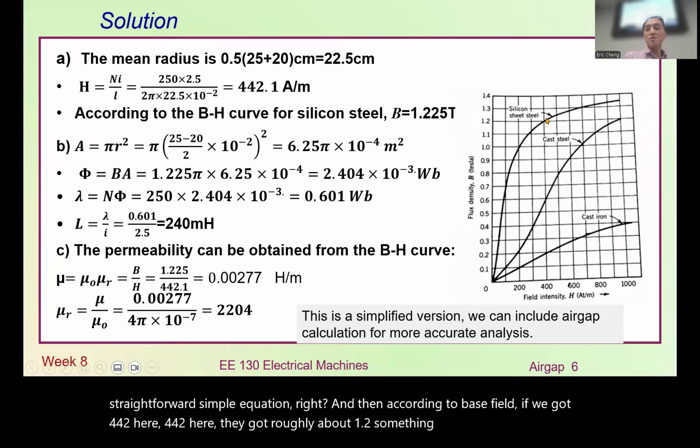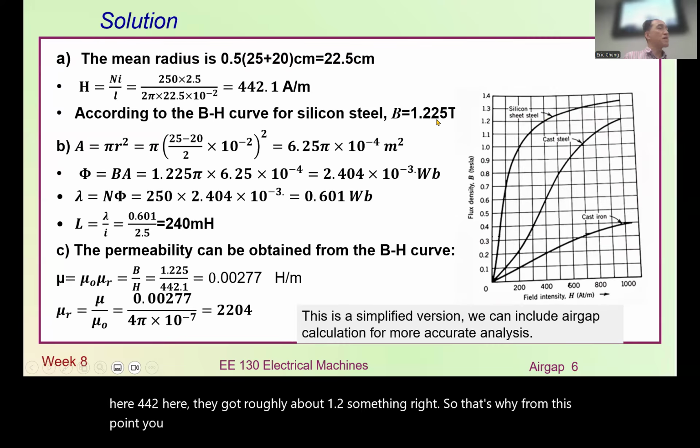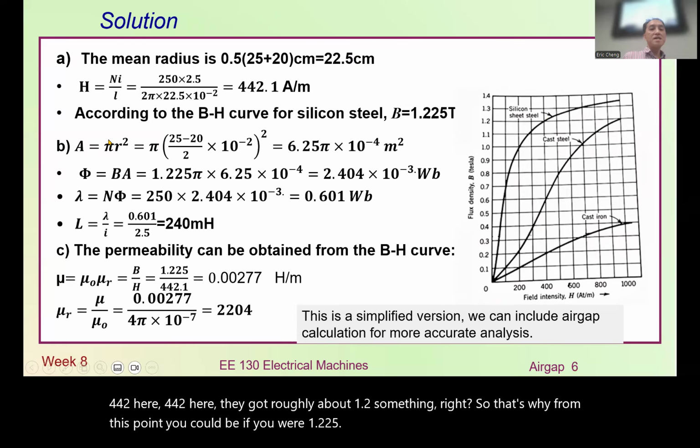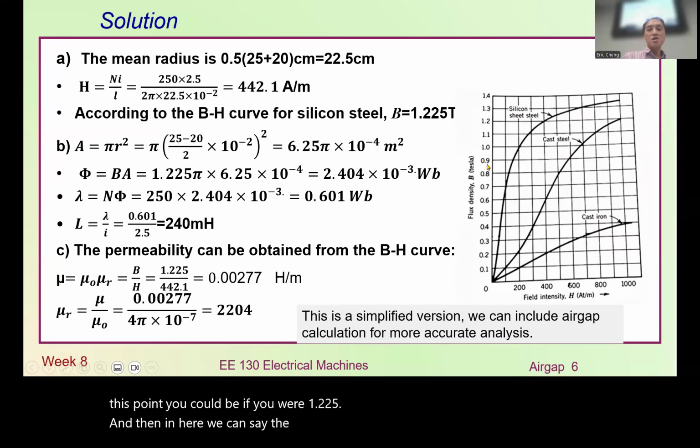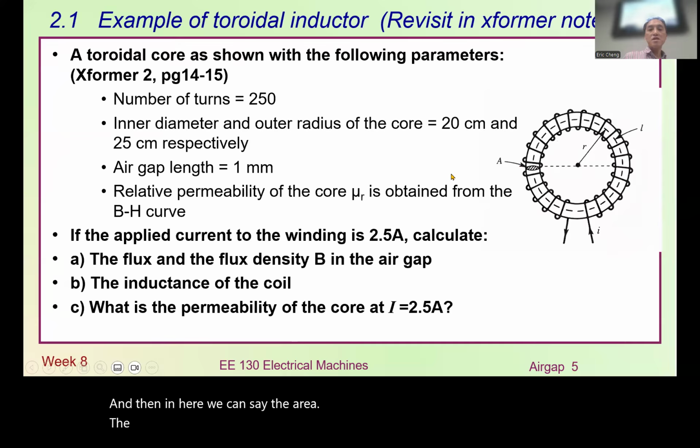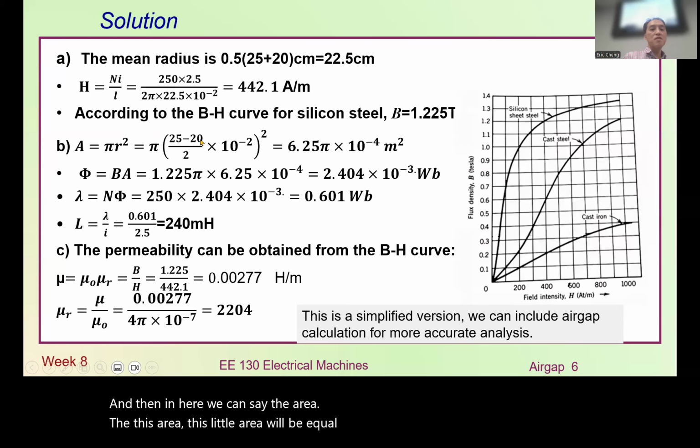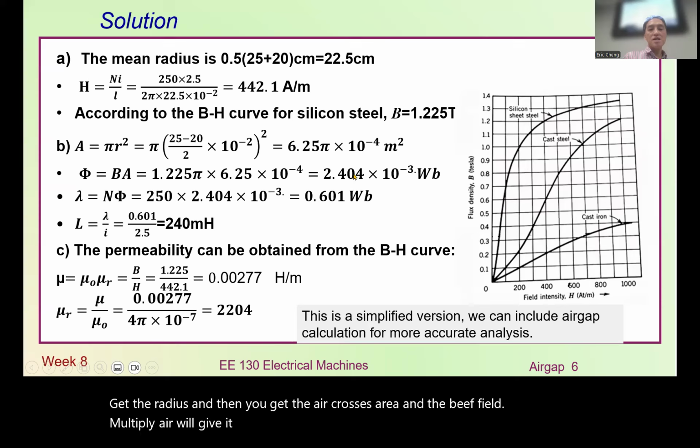So from this point, we got a B field of 1.225. Then the area will be 20 minus 25 divided by 2, which gives the radius, and then you get the cross-section area. The B field multiplied by area gives the flux, so we get the flux to be 2.4.